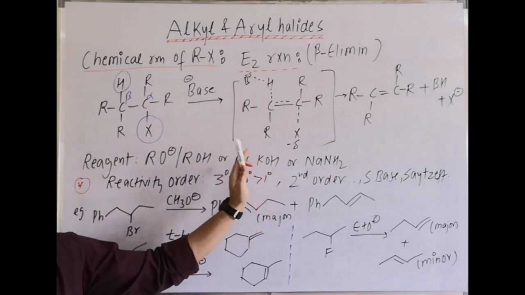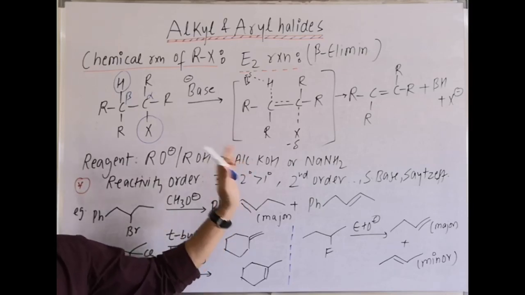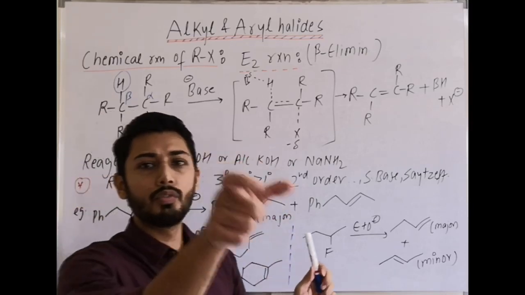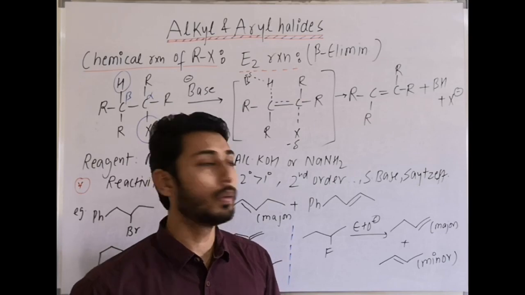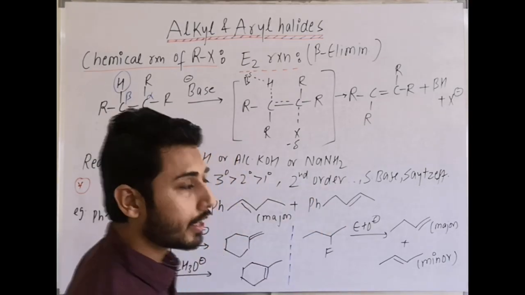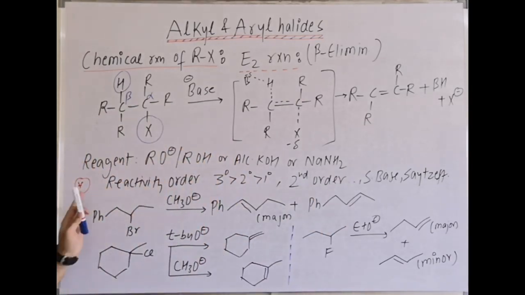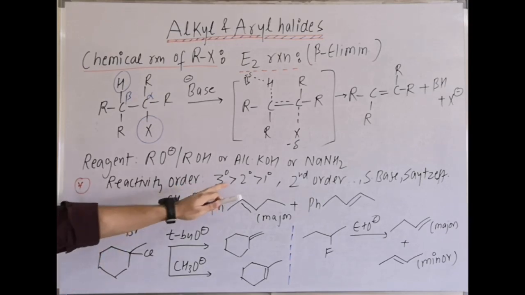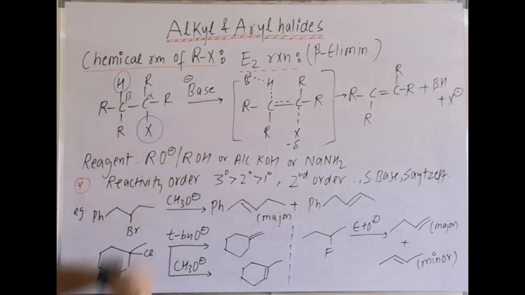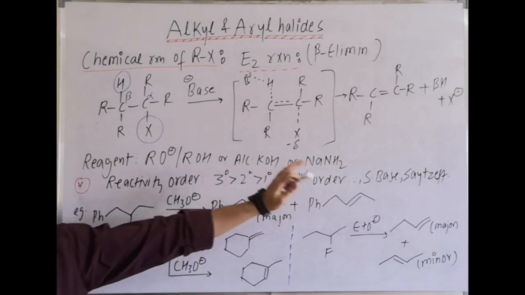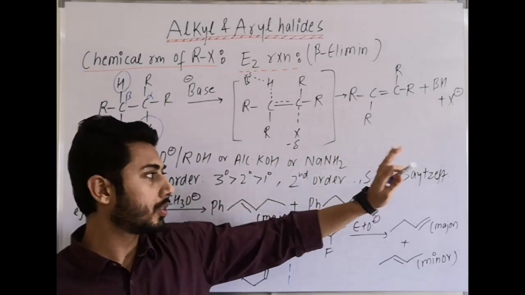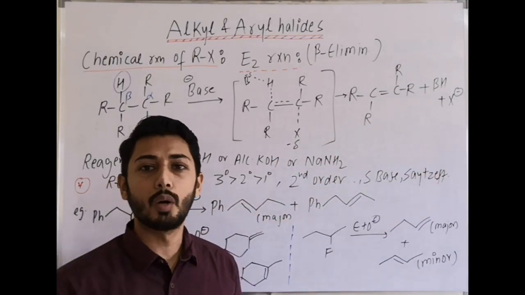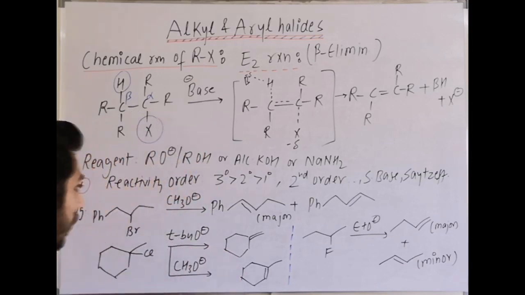Clearly it is a beta elimination or dehydrohalogenation, which is removal of HX from the molecule. Another reagent is NaNH2, strong base. Now reactivity order is tertiary, secondary, primary. For alkyl halides, second order kinetics followed, strong bases are required. Generally, Saytzeff alkene is formed as a major product.